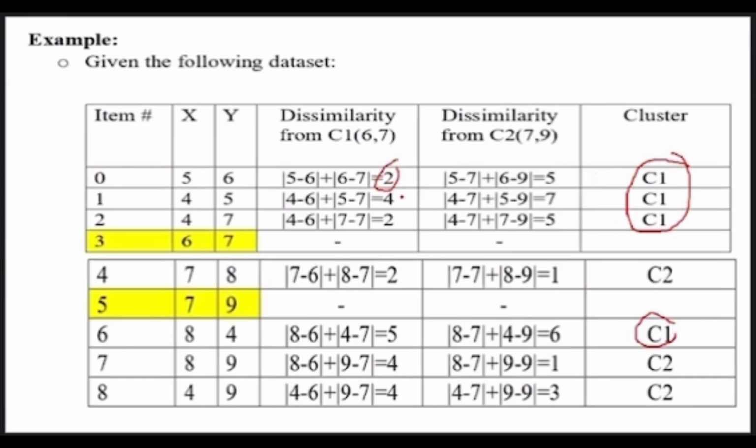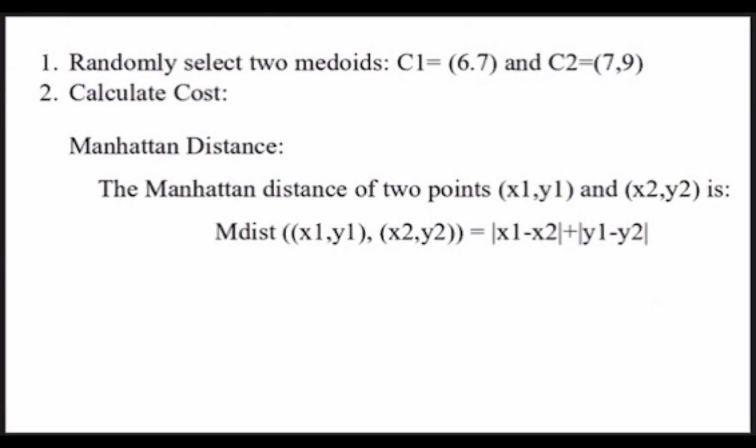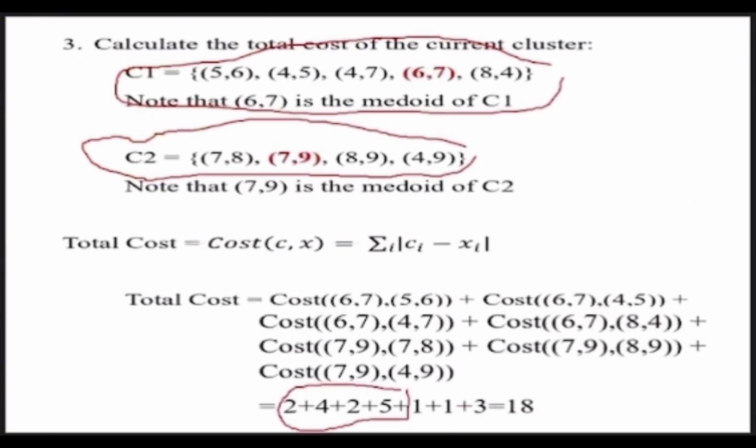Here, the smallest. Here, the smallest. Here, the smallest. When you compare across, do you see where I get 2, 4, 2, 5? That is the cost that I'm adding here. 2, 4, 2, 5.